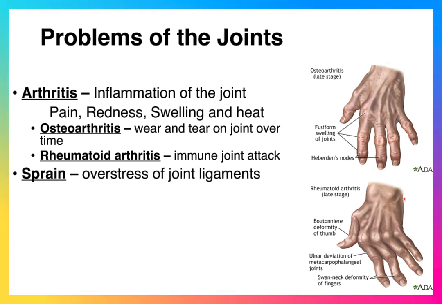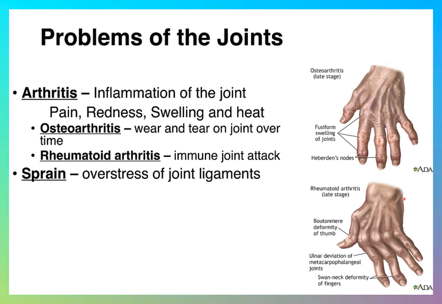Another problem that occurs in joints is called a strain. What happens with a strain is when you bend a joint in one direction or another beyond where it's supposed to go, for lack of a better way of saying it. This tends to stress the ligaments holding the joint together.